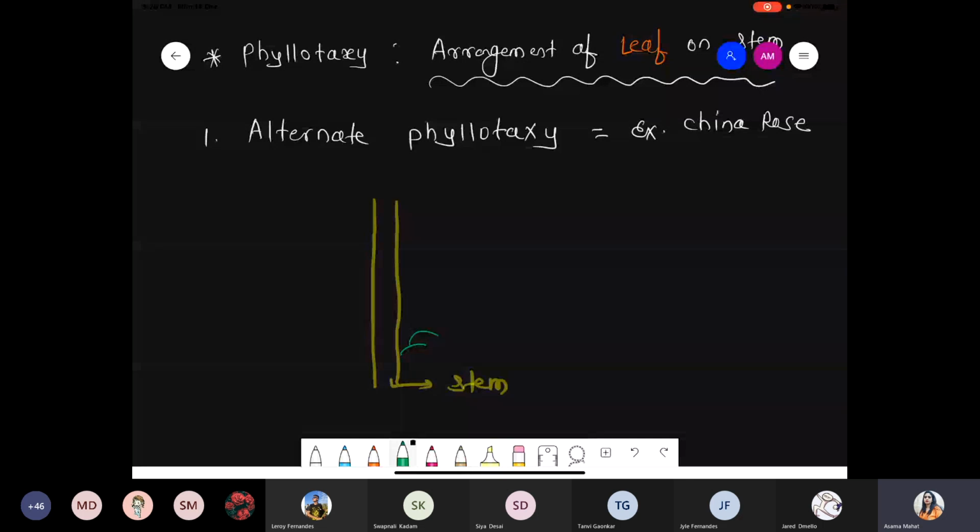So alternate arrangement of the leaf. Such a leaf arrangement is simply called alternate leaf arrangement. And when we are talking about alternate leaf arrangement, a single node gives rise to a single leaf.